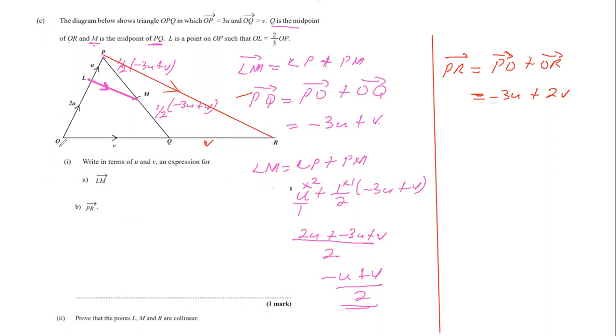Here we have to draw a line from L, going to M, going to R. First of all, for you to prove that it's collinear, we say that M is a common point, right? M is the common point.